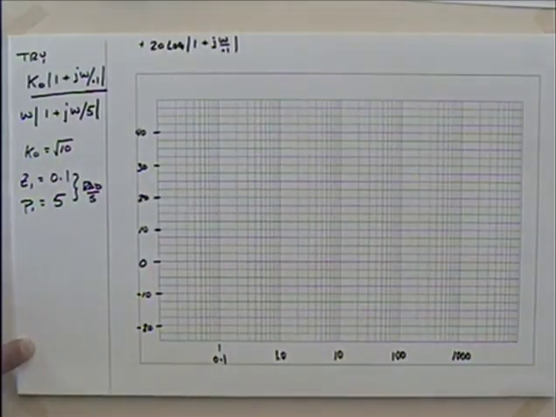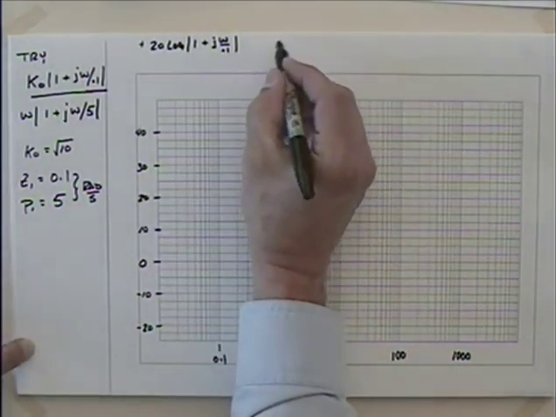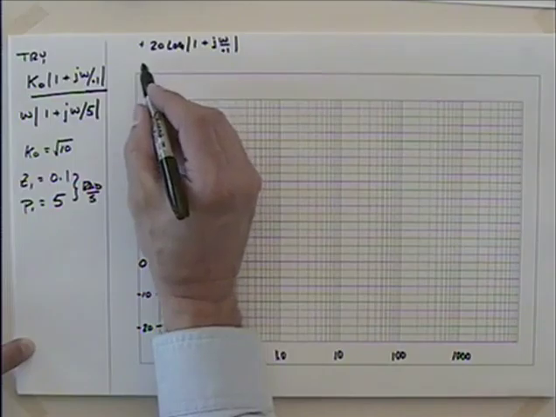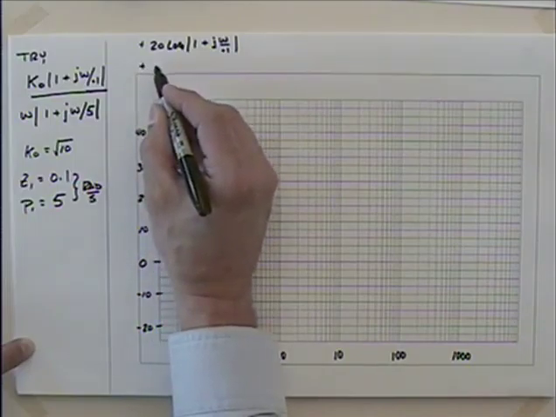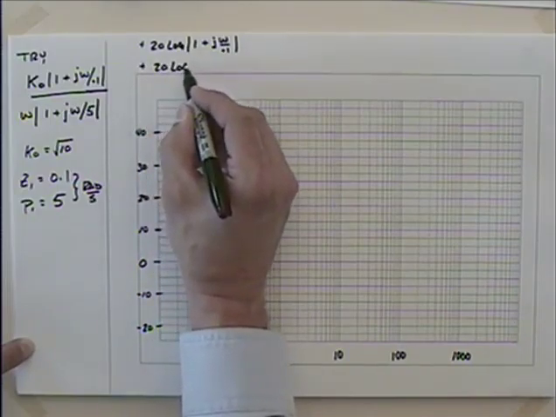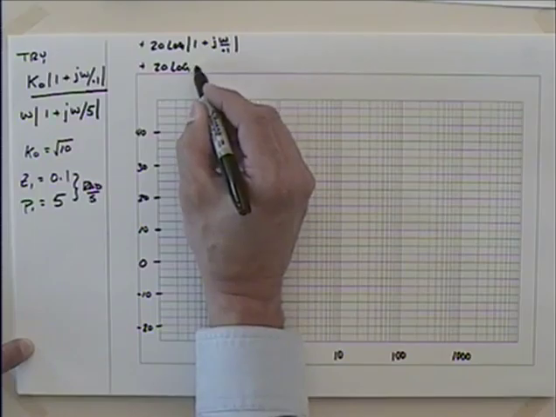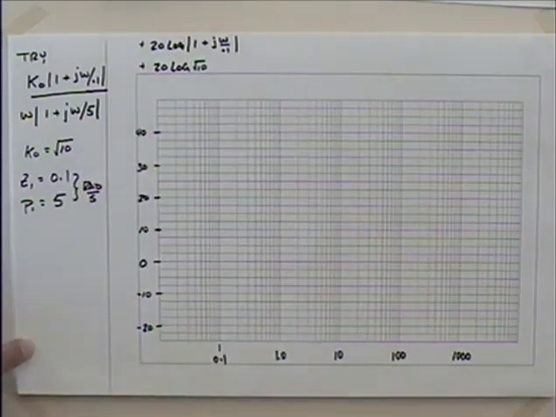So that's one term. I'm talking about the positives. I'm going to have a positive 20 log of k naught, square root of 10.